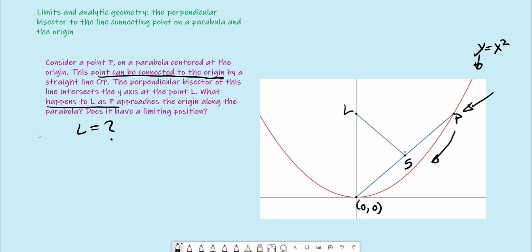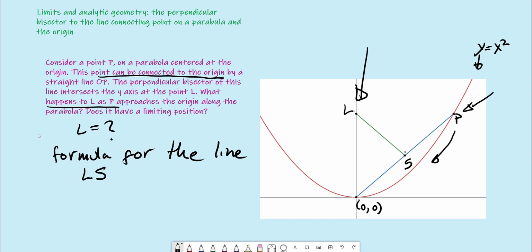How do we solve this? Well, again, we're looking for L. And in order to find L, what we really need to know is the formula for the line that connects L and S, the line LS.